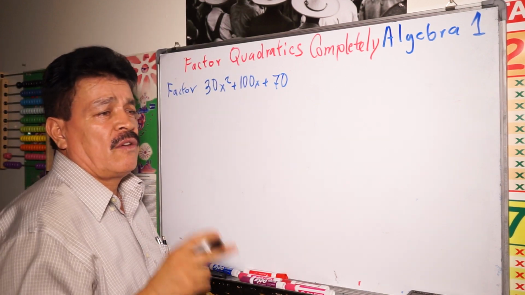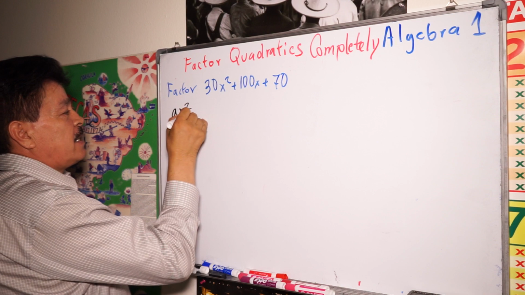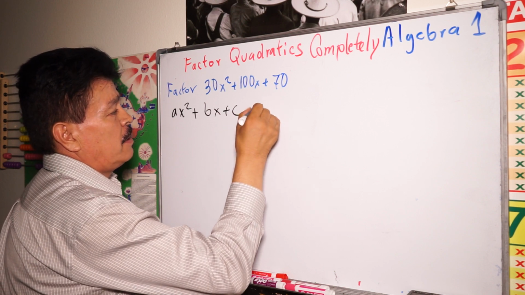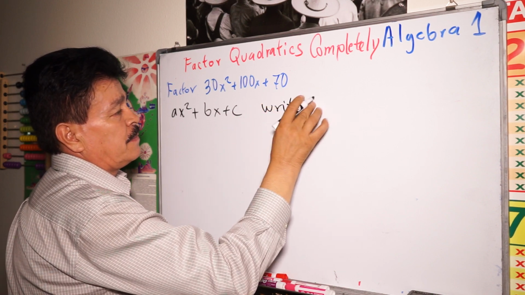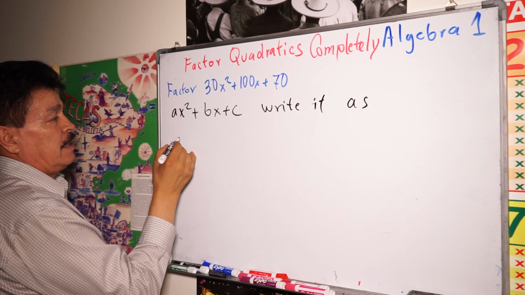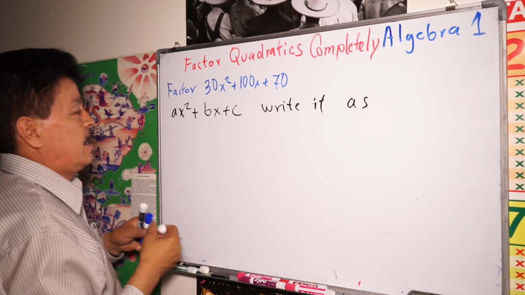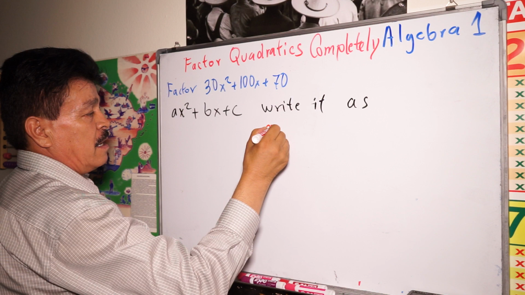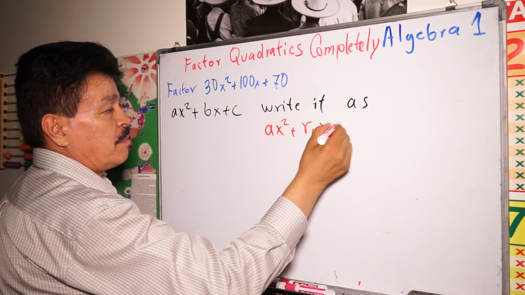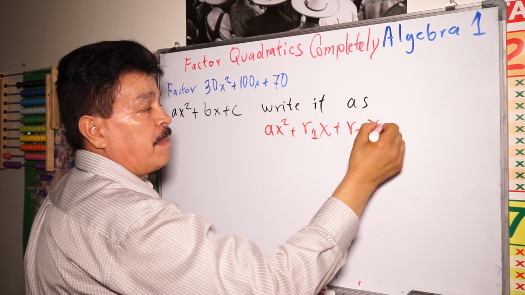To factor a quadratic of the form ax squared plus bx plus c, write it as ax squared plus r1 x plus r2 x plus c.